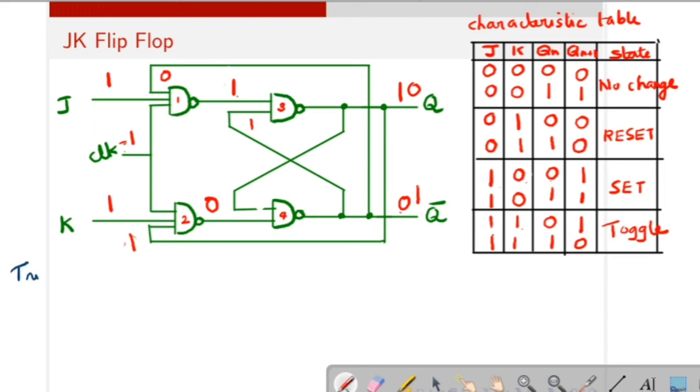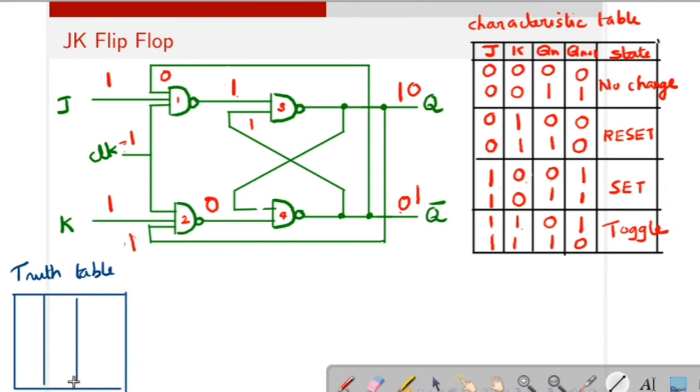Next we can draw the truth table for this JK flip-flop. The truth table has 3 columns: J, K and Qn plus 1. When both are 0, it retains the previous state, so we can write it as Qn.